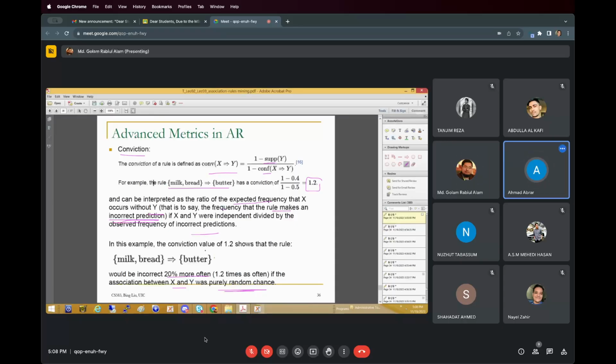So if it's one, it implies it is completely random. If it is greater than one, it implies there is a percentage of error that's going to happen. And if it is less than one, then the percentage of times it's going to be correct.